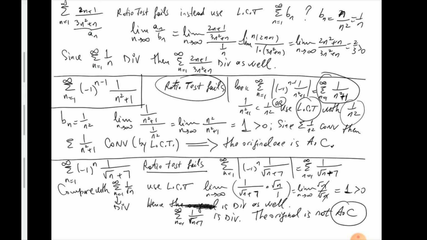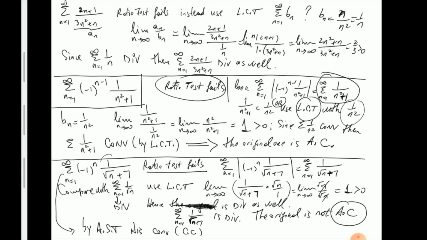Okay, so let's slow down for a moment. The original is not absolutely convergent. That's all we established so far. But is it just convergent or conditionally convergent? Well, the answer is yes. We could do this mentally. By the alternating series test, it is convergent, therefore conditionally convergent.